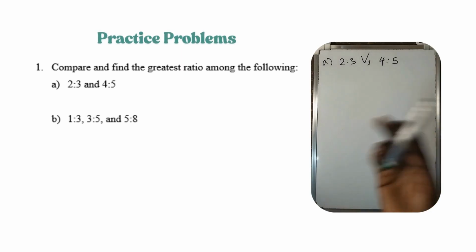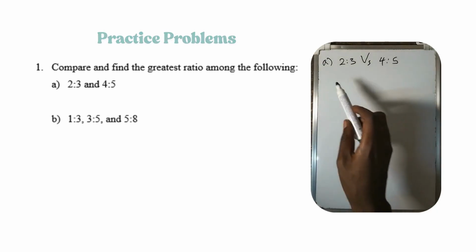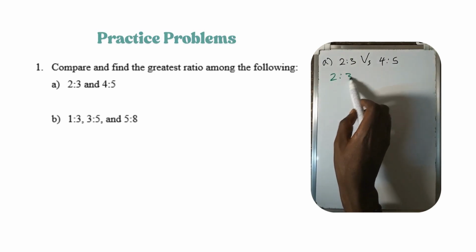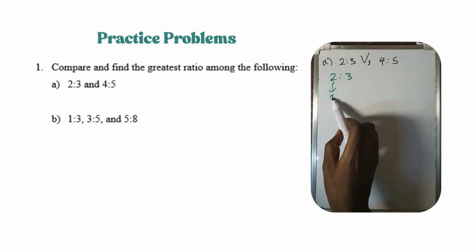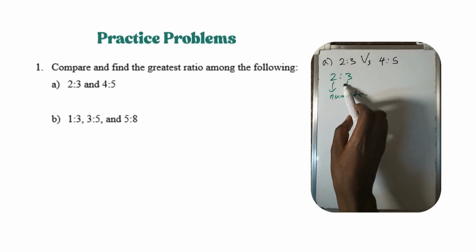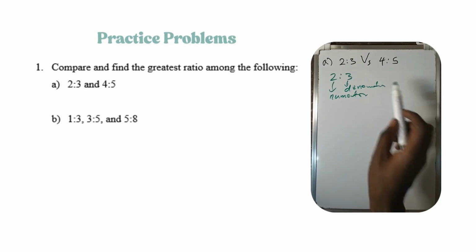To change the ratio to a fraction, the first number becomes the numerator, and the second one becomes the denominator.